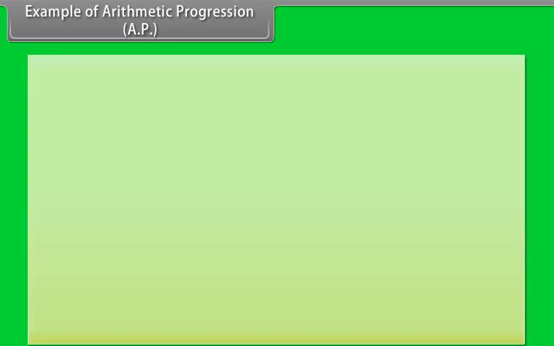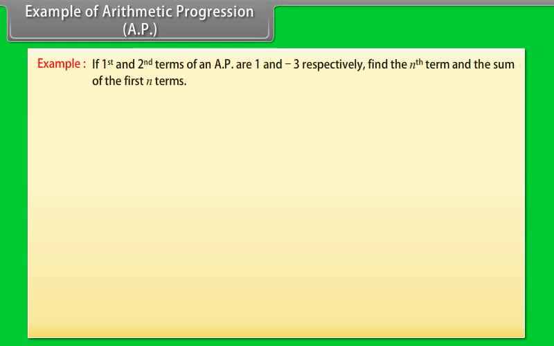Example of arithmetic progression, AP. Example: if the first and second terms of an AP are 1 and minus 3 respectively, find the nth term and the sum of the first n terms. Solution: let the first term be A and the second term be A plus D, where A is equal to 1 and A plus D is equal to minus 3.